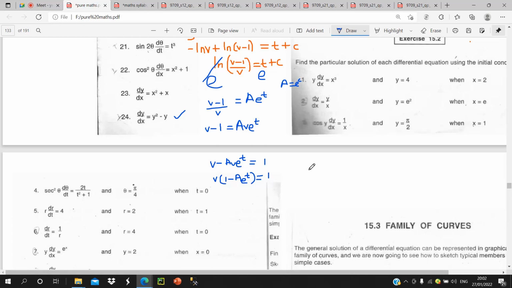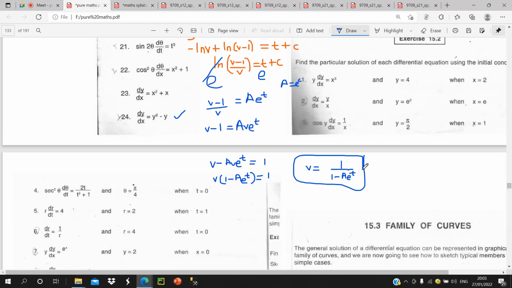Then what do we do? Divide by 1 minus a e to the power of t. Yes. So this one will be our general solution. Are we together?